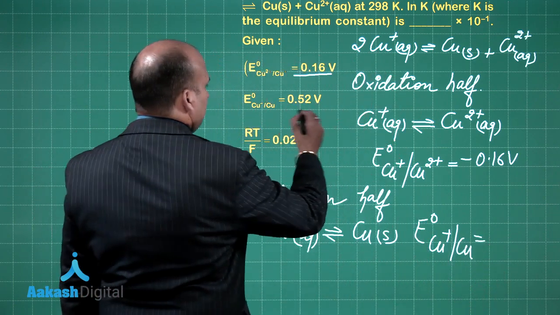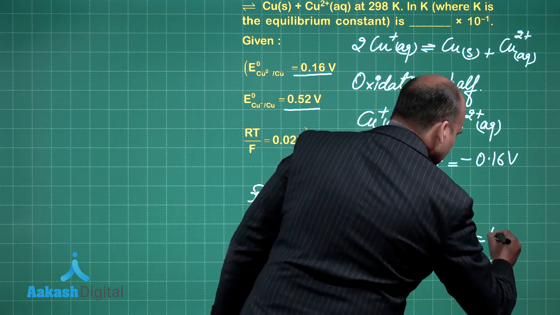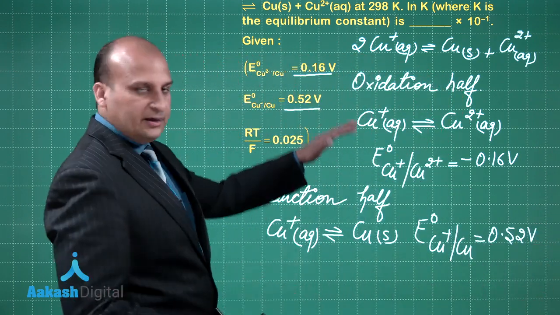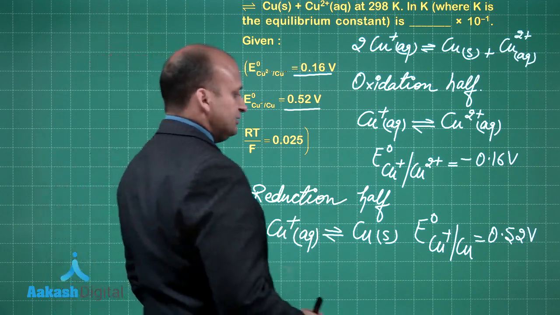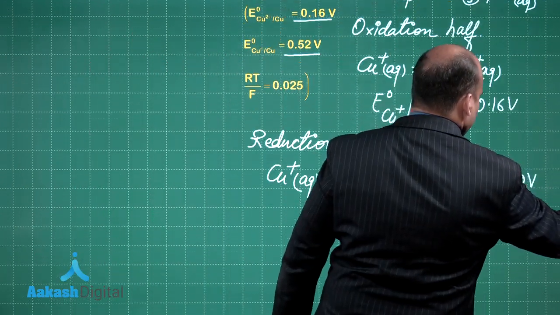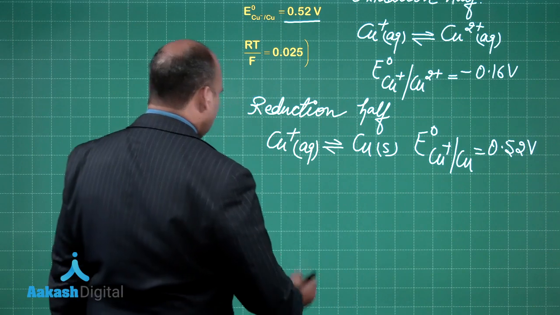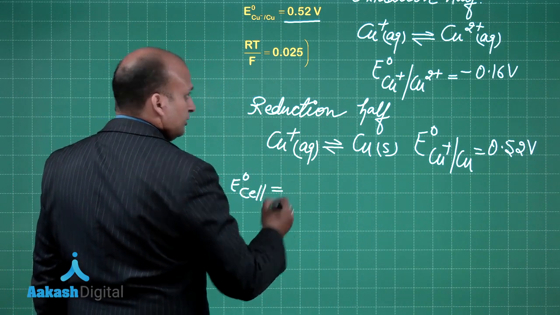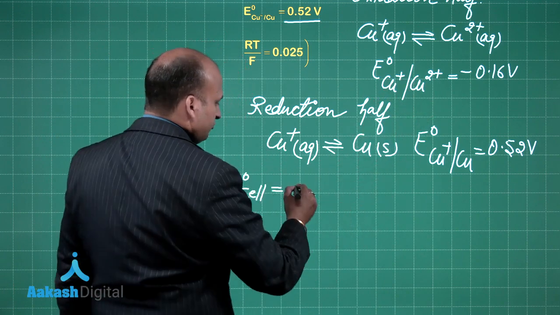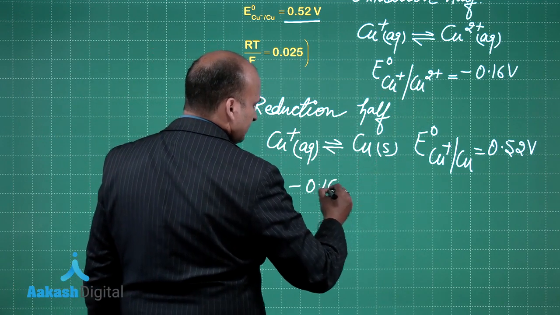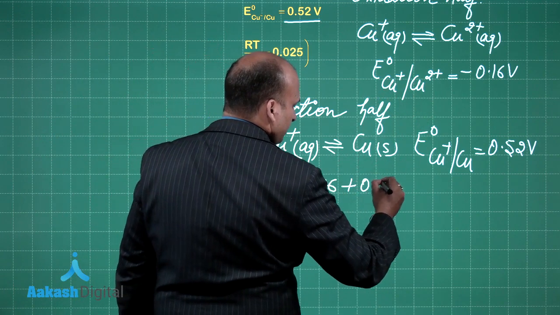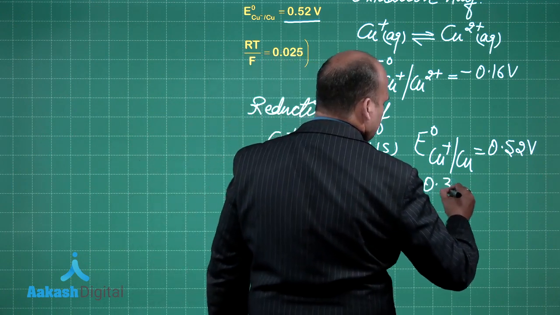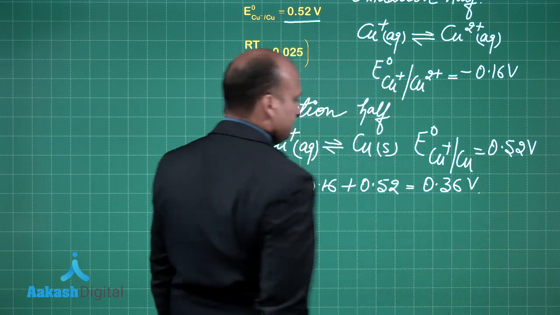Yes, it is given, the value is 0.52. Now, I have to add the 2 to get the E naught of the cell. So, E naught cell, as I said, I have to add the 2 values. So, it will be minus 0.16 plus 0.52, which is equal to 0.36 volt.